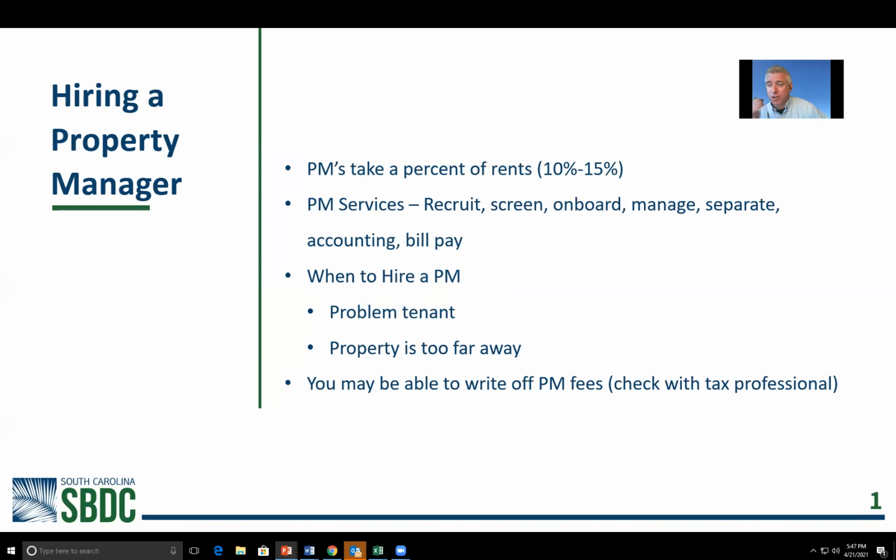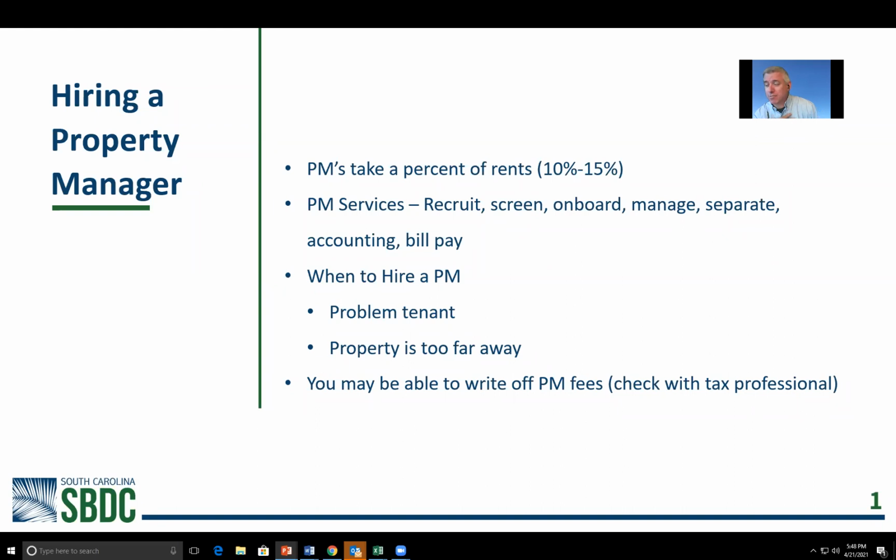If you currently own investment property and you're managing it yourself and you're just trying to get a little more information from this webinar, or if you're thinking about investing in real estate, or if you are going to inherit some real estate and you're just trying to get a better idea of it, property managers are a big consideration because if you're a novice, you can get yourself in trouble, and they're highly worth the money that you pay for them.